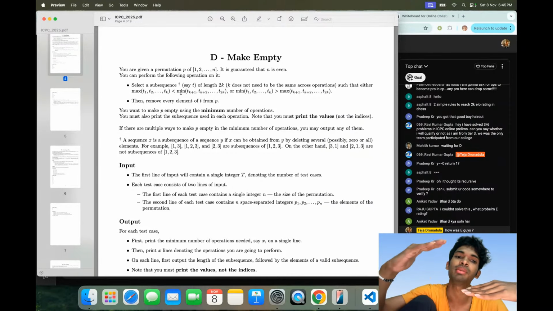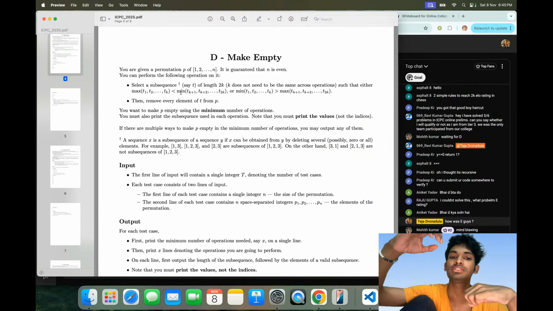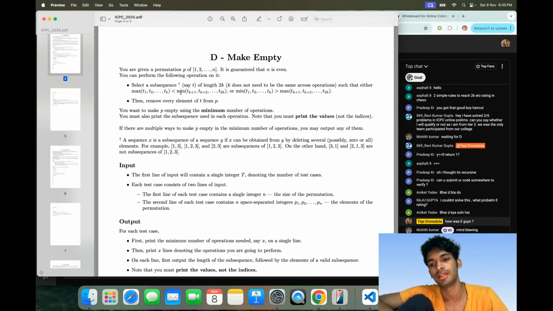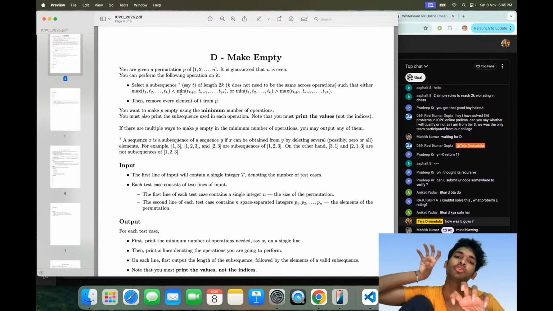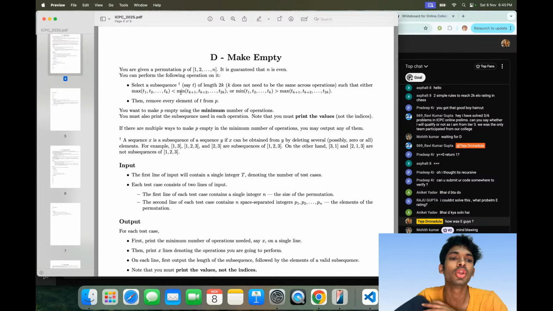Maximum of this less than minimum of that means either all of them are above this or all of them are below that. So we have to select two groups such that one group is entirely above the other group. You want to make P empty using the minimum number of operations.